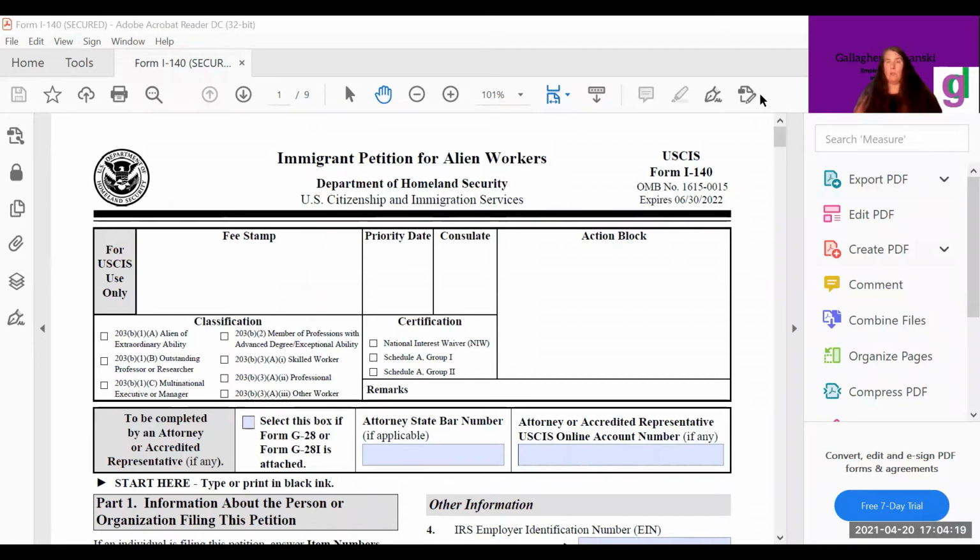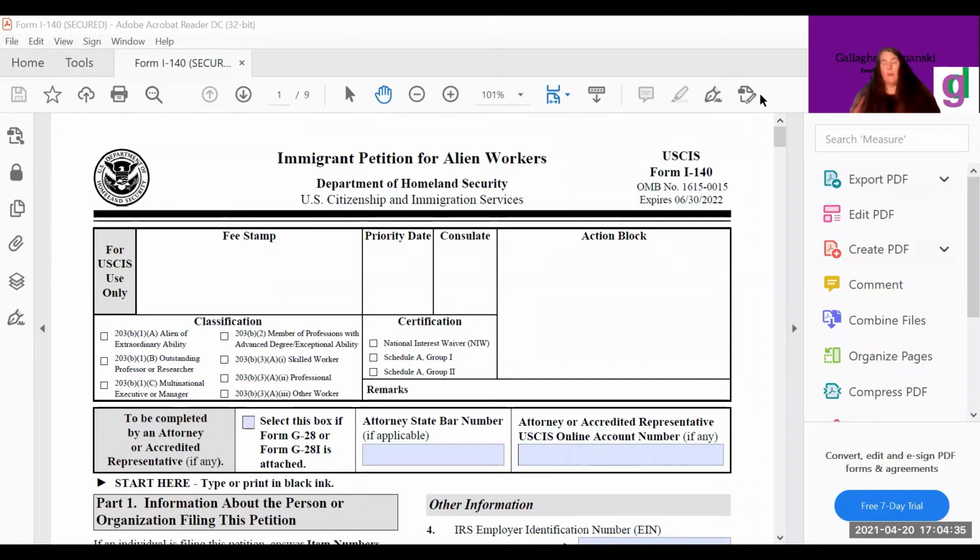Today I'm going to show you how to fill out the Form I-140 if you are self-petitioning for an EB-2 Second Preference National Interest Waiver.